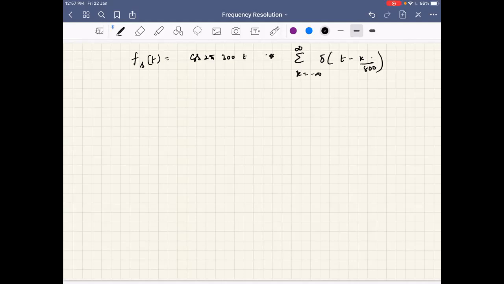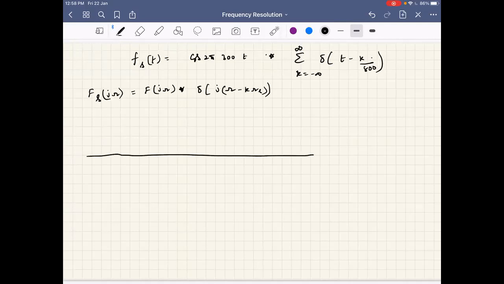For this we had Fs of j omega, which is nothing but F of j omega convolved with delta of j omega minus k times omega s. Hope you remember this discussion that we had in the class, and this gives rise to, let me take 0 here.